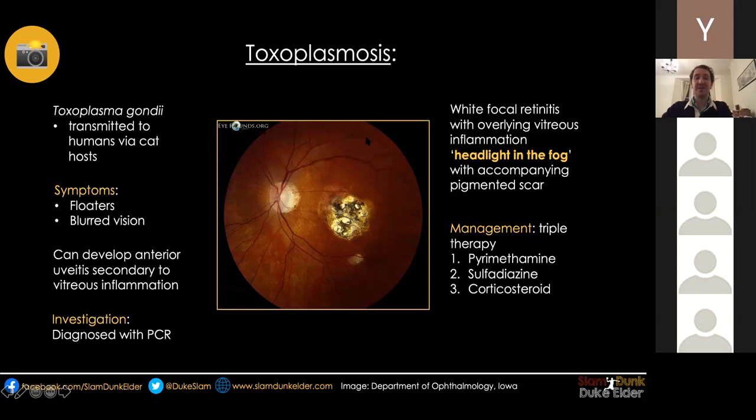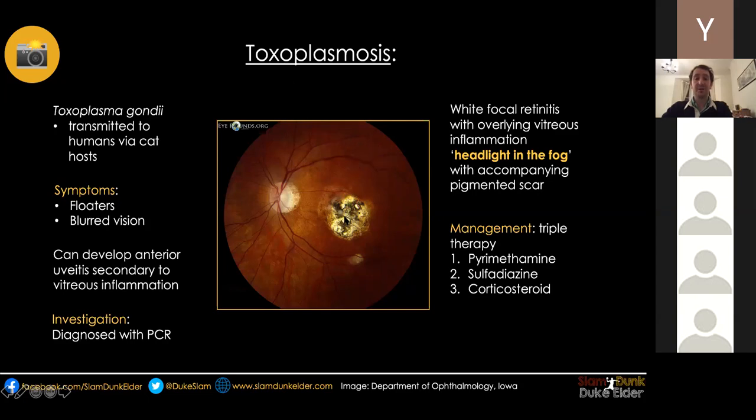Essentially, it's Toxoplasma gondii, where cats are the vector to humans, and it causes this headlight in the fog presentation on fundoscopy.